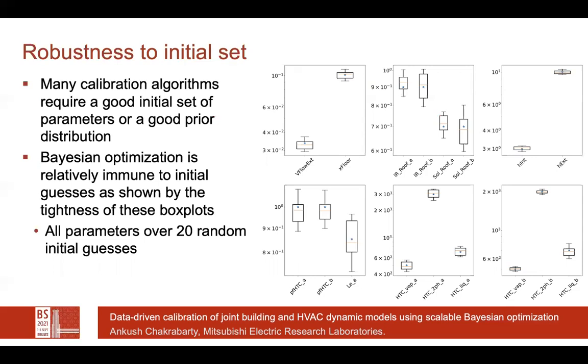And this is evident from these box plots here. We show for all of the 17 parameters over 20 random initial guesses that the estimates are pretty tight, and these stars show the true parameter value, and the box plots are the statistics from the 20 runs. In all cases, the median of the box plots are very close to the true values, and the uncertainties over the 20 runs are pretty tight around the true value as well. So this method is indeed robust to the initial set of parameters.